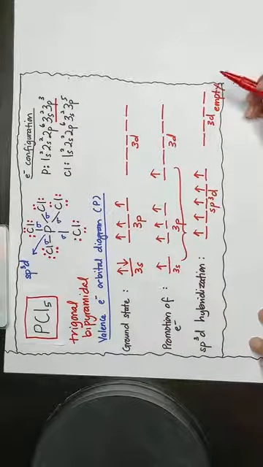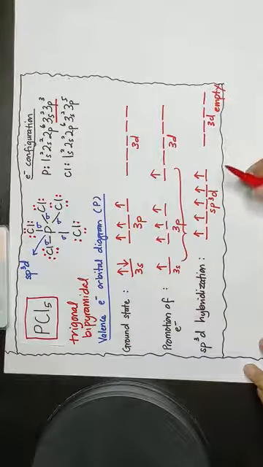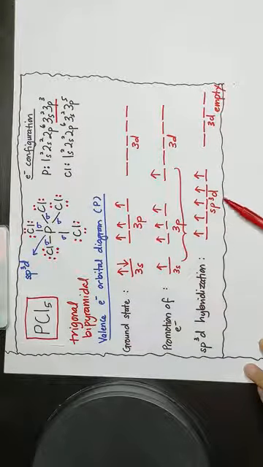There are 4 empty 3d orbitals left, because there is no electron there, so we don't have to mix the empty orbitals. The sp3d orbitals produced are the new set of hybrid orbitals with a new shape.